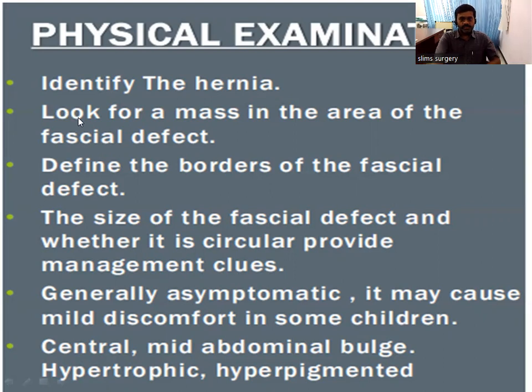Identify the hernia, look for the mass in the area of fascial defect, define the border. And one more thing I forgot to tell is the extent. You should tell the extent of the swelling, the size of the fascial defect. So you should check for the defect size. Generally, it is asymptomatic in the case of children, and in case of complicated hernia, the patient will have all the complications and symptoms.